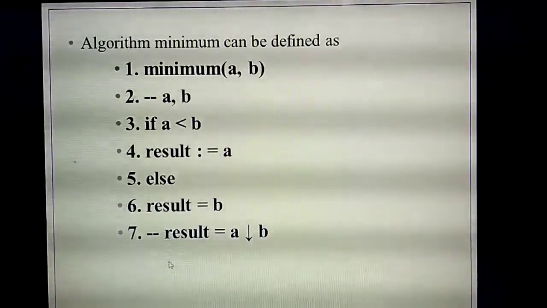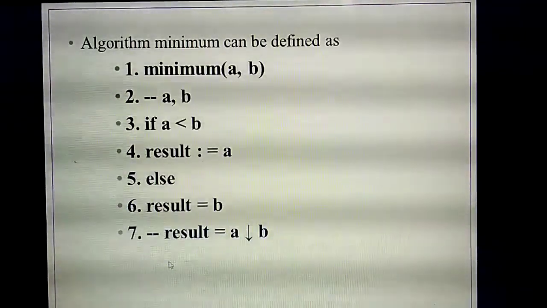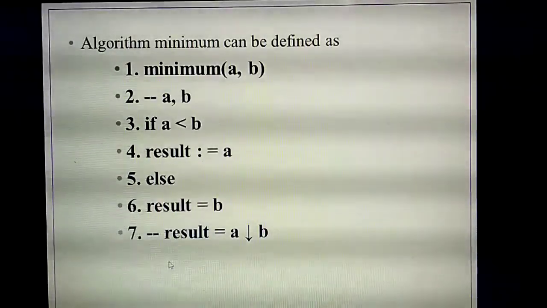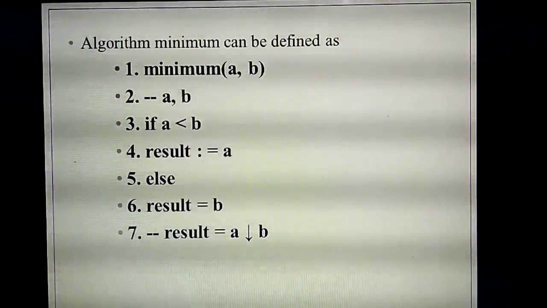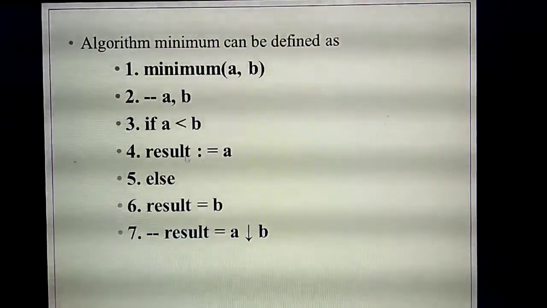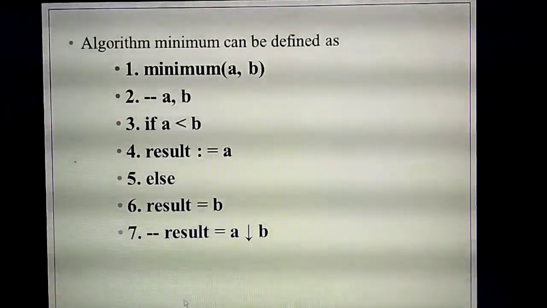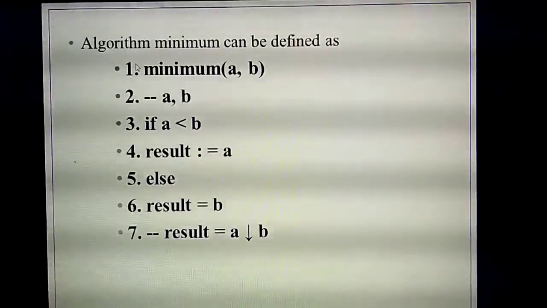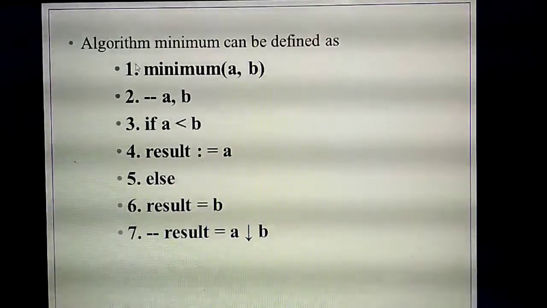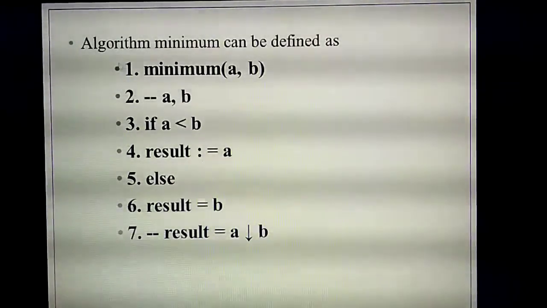If the condition is false, only the else block will execute, or whatever statements you have given inside the else block will display the output. So the same thing we can see here. The same minimum of two numbers they have written using an alternative statement. Alternative statement always comes with if else, that means true part as well as false part.